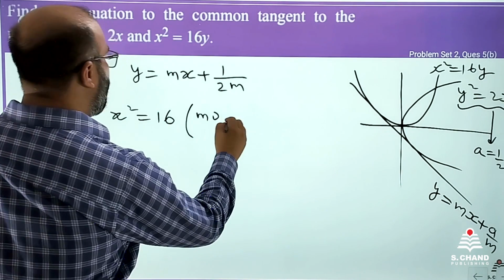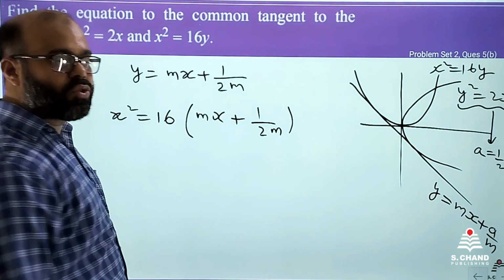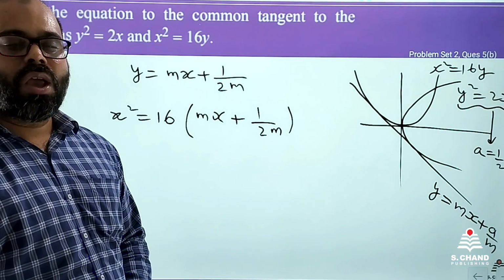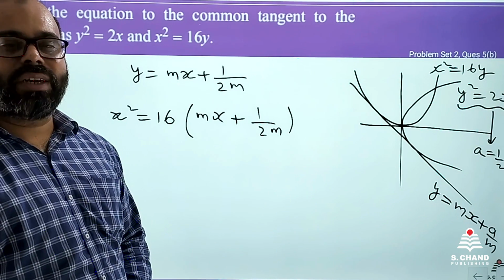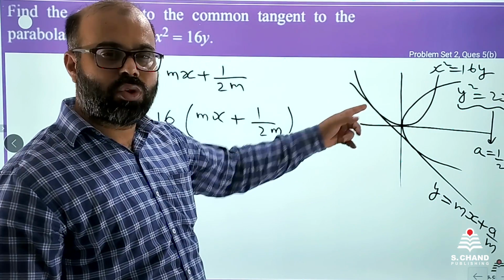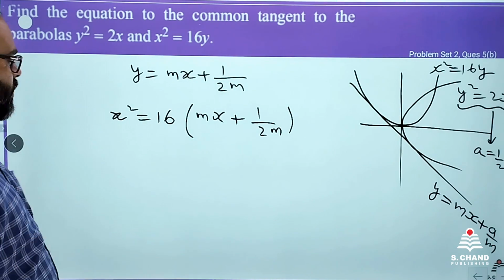But since it is a quadratic in x, it will have only one solution. Why will it have one solution, students? Because its discriminant will be 0. And why is its discriminant 0? The reason being that it is a tangent, so it will touch at only one point, not two distinct solutions. Otherwise it will become a secant.